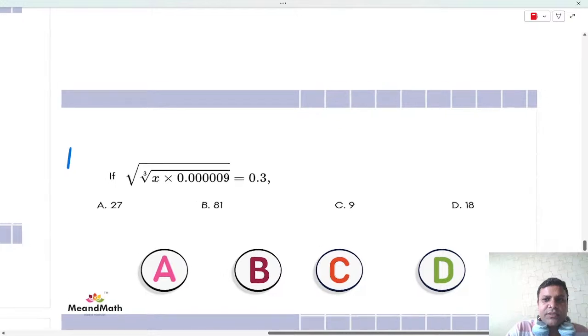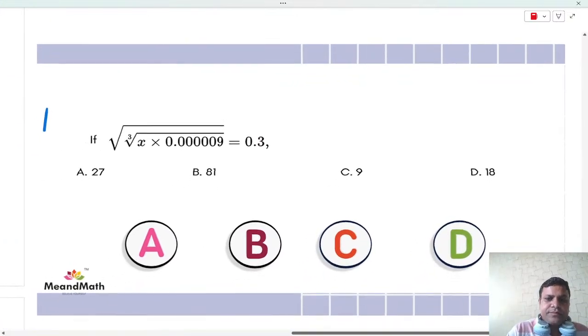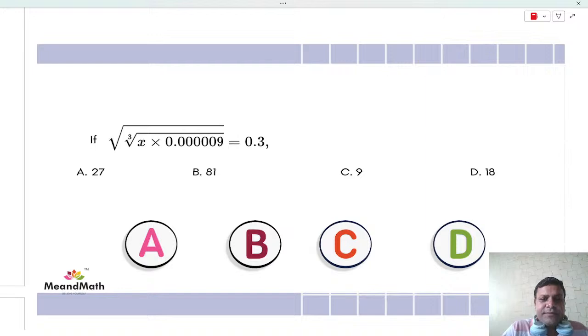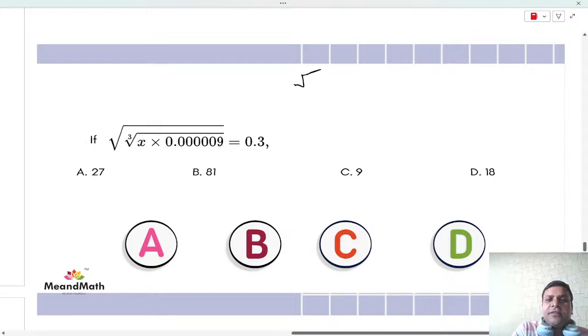This is the next question. One expression is given here. You have to find the answer, solve it for x. For your reference, if this symbol is written, it means square root.